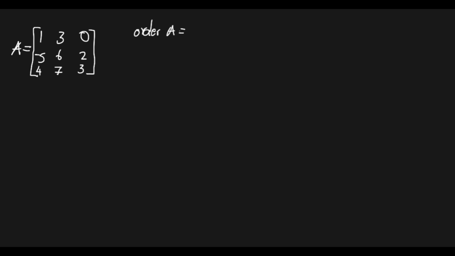First we need to find the number of rows, and also the columns. We can see that we have 1, 2, 3 rows. Then we also have 1, 2, 3 columns. So this is a 3 by 3 matrix.